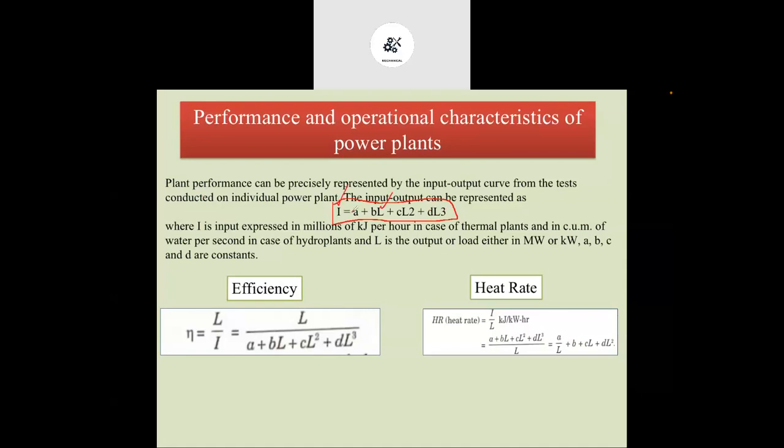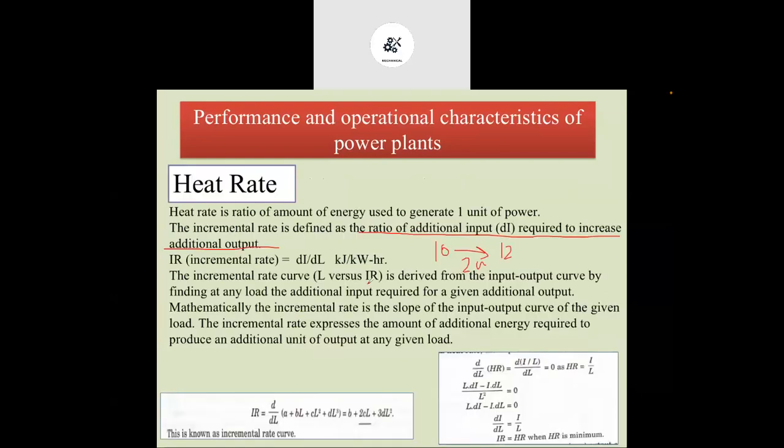The total input-output relation we can write as I = A + B·L + C·L² + D·L³. Here L means output, I means input, and A, B, C, D are constants. By using this formula, you can calculate the input required for a particular output.